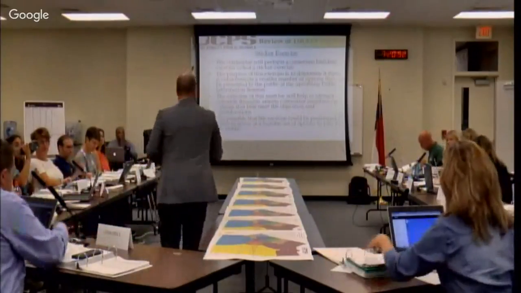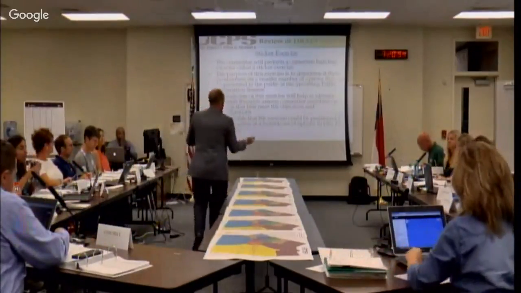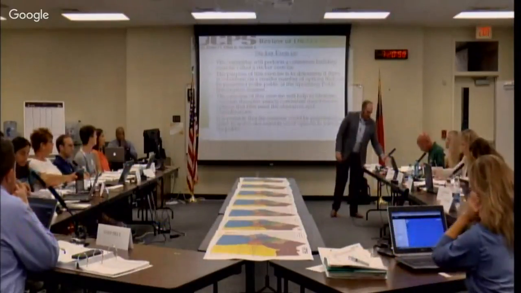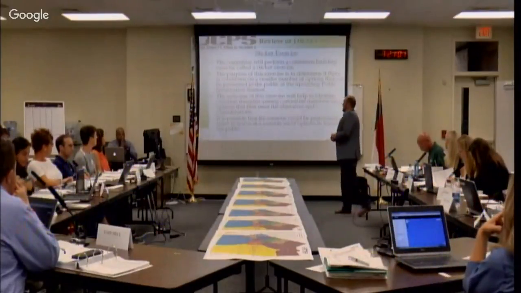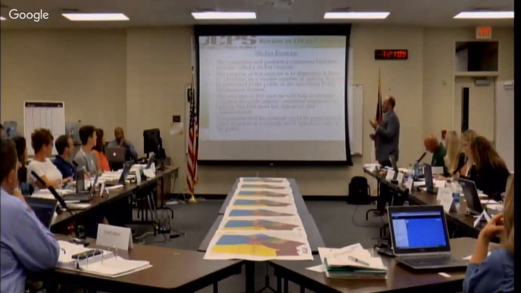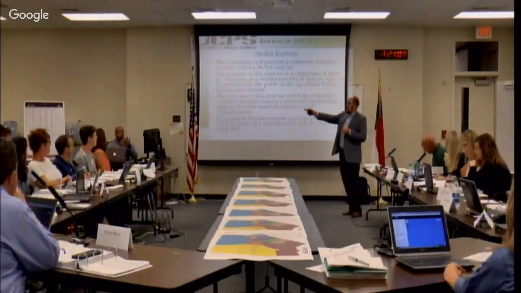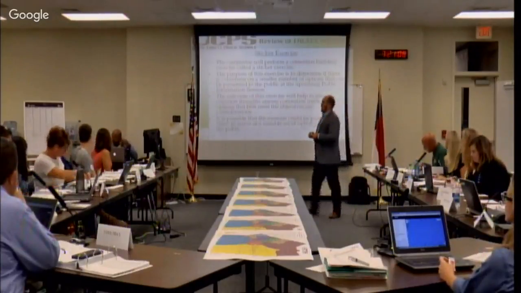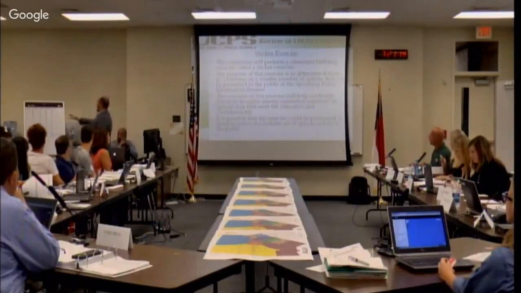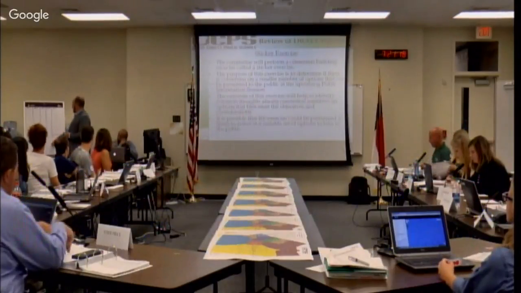It helps us understand how everybody feels and gives some guidance towards consensus among the group. I put a flip chart together over here that has all the options: 1A, 2A, 2B, 3, 4, and 5.